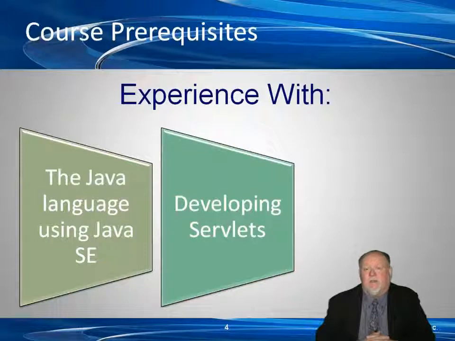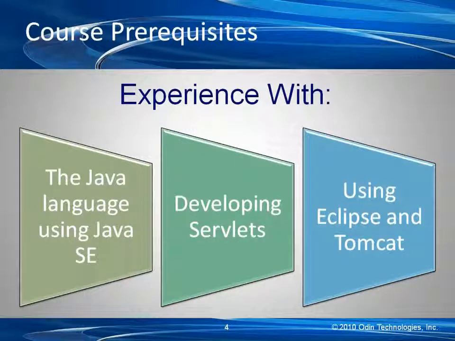So probably our starting point would be the HTTP servlet, which in turn extends the generic servlet, but it is optimized for the HTTP protocol. Okay. And lastly, some exposure to using Eclipse as the development platform, our Java development platform. We're going to be using Eclipse as we develop JSPs, but we could have easily developed servlets on Eclipse.